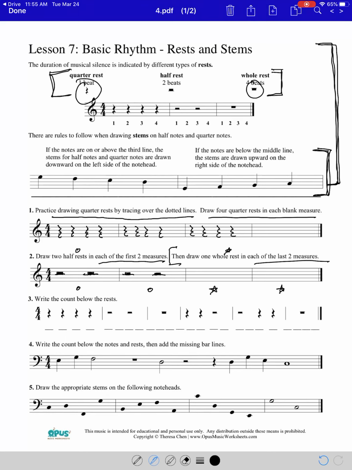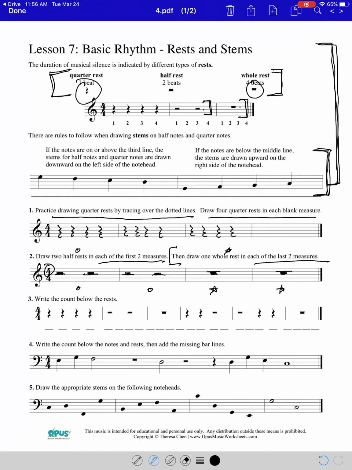And remember, it goes below the bar. So I'm going to draw 1 right here. Notice the line that I put the whole rest on. If you look here, your half rest is right on the middle line, and if you look here, your whole rest is on the next to top line, so make sure you put it there. And again, that gets 4 beats, so I only need to draw 1.